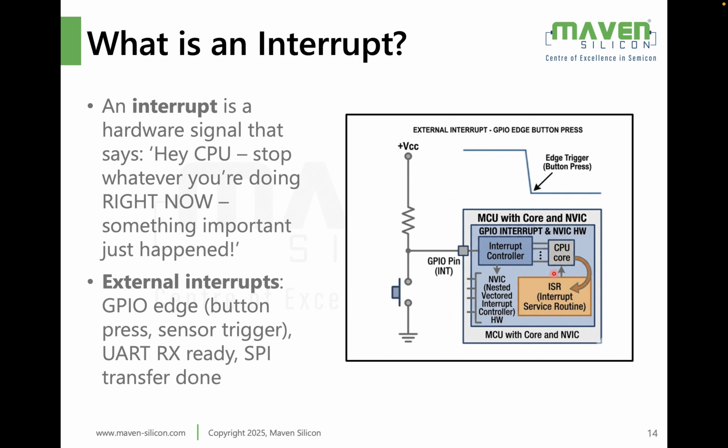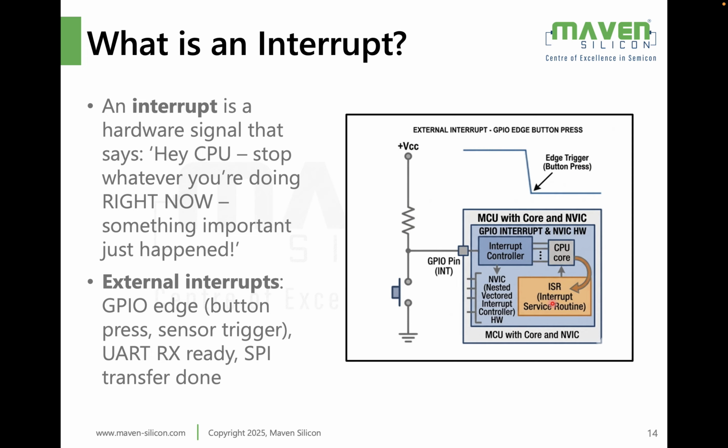Now the CPU will jump to the ISR, that is the interrupt service routine. The ISR is a part of the interrupt vector table, which is stored in the flash memory. The ISR gets executed and the desired action, for example in this case toggling the LED, will be completed. Once the ISR is completed, the CPU returns to the main program seamlessly.